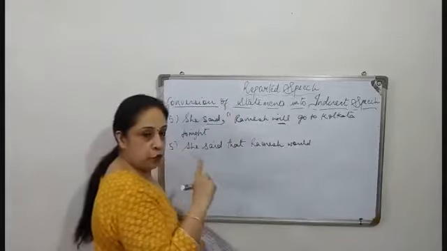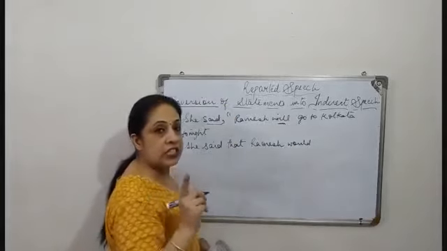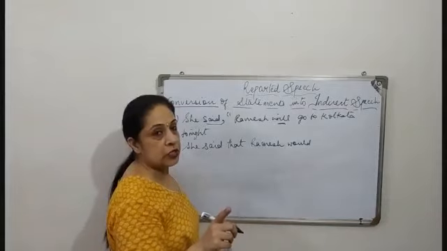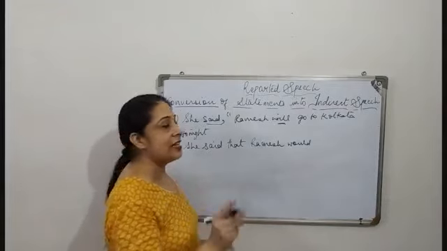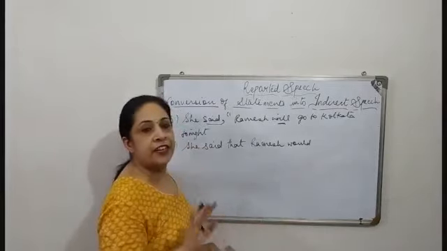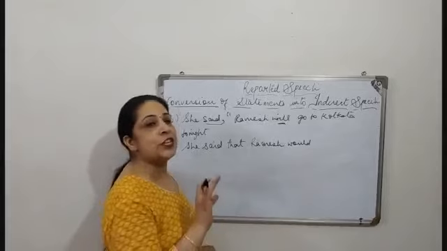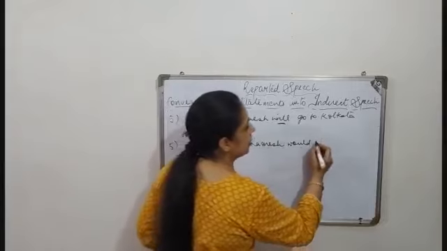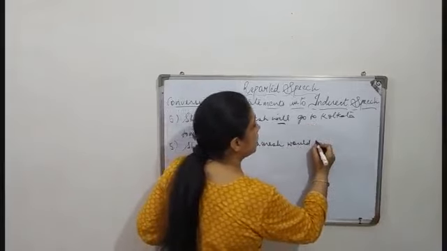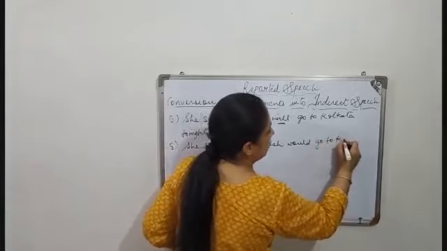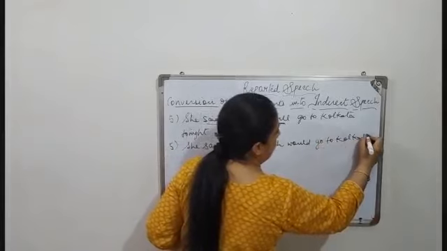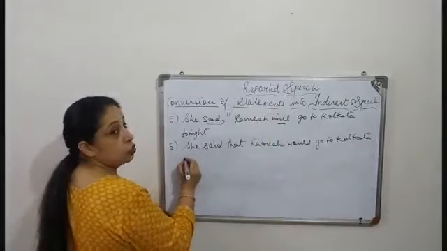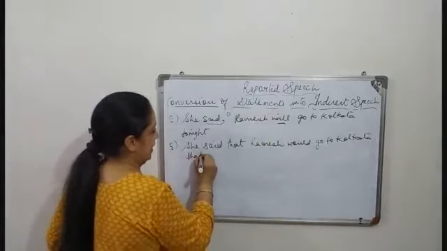As I told you before also, please, if you have not seen my first and second part of the reported speech, please go through that. Things will become very clear, absolutely transparent. Alright, Ramesh would go to Kolkata tonight becomes that night.